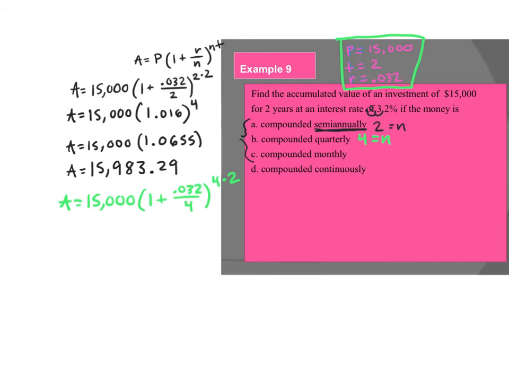And now we solve. So what's the first thing I have to put into my calculator? 0.032 divided by 4. Perfect. So here I get 0.008 and then I added 1 to it, so 1.008. And now I'm going to take 1.008 and raise it to the power of 8.